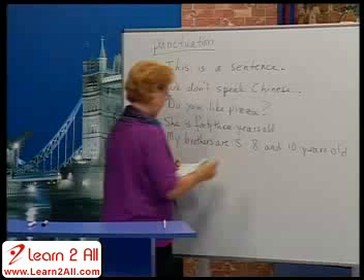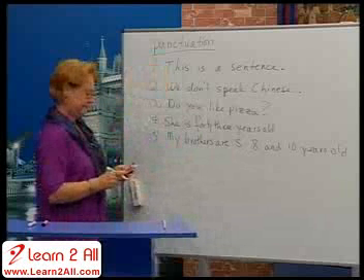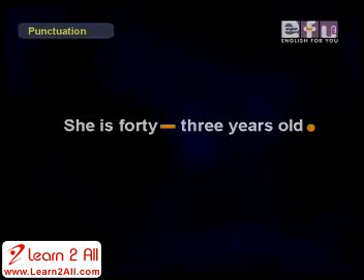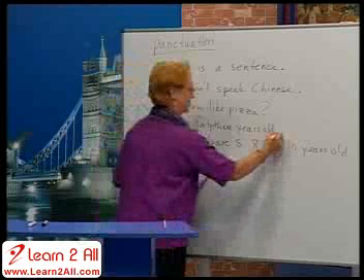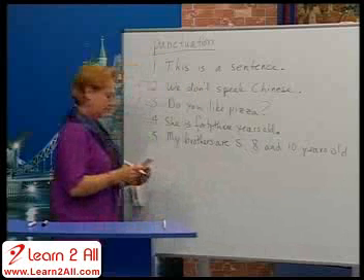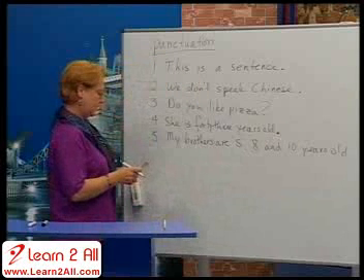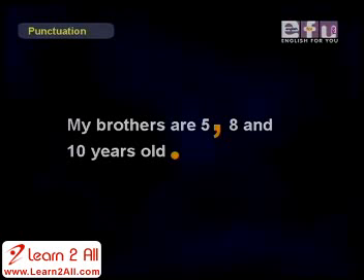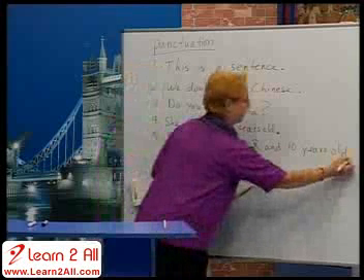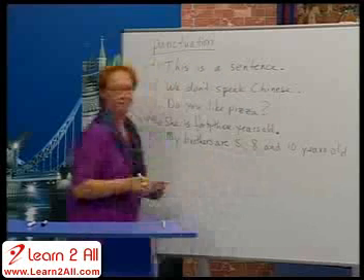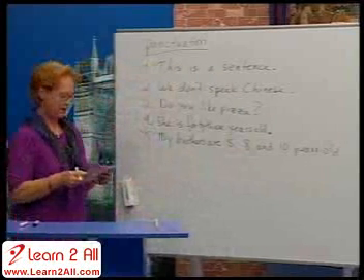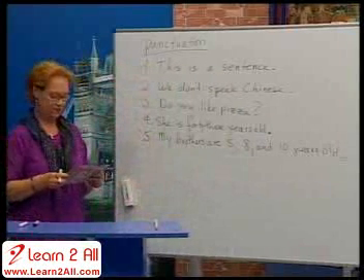Good. Okay, Lisa. She is 43 years old, period. Yes, good. And last one, Isabel. My brothers are 5, 8, and 10 years old, period. Okay. Wait, there should also be a comma here. Okay? All right. Good job, all of you.